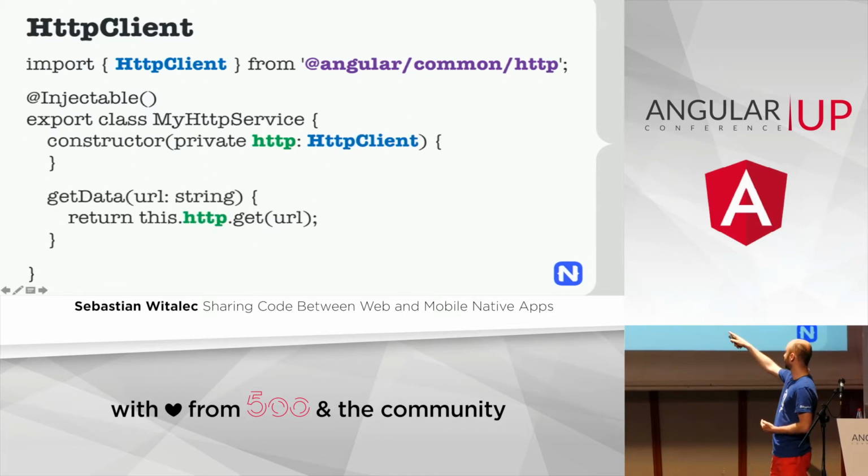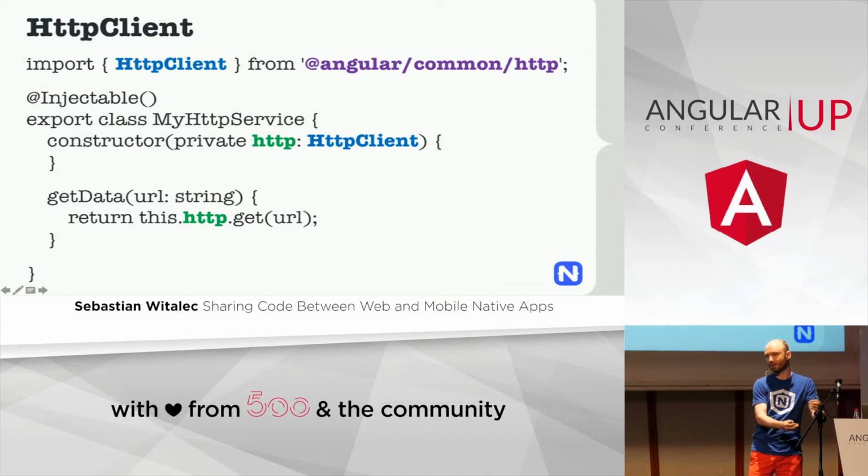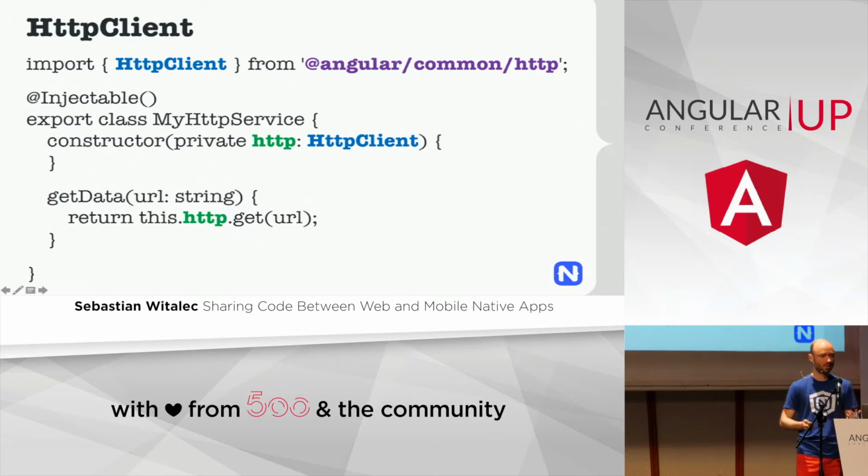We add it in the constructor, and then we can call get data and, using that HTTP client, make the same call. If I run this code on a mobile application, it's going to make it the NativeScript way. If I run it on a web application, the ng module will give us an AJAX call or whatever Angular wants. So that's pretty much the core idea.